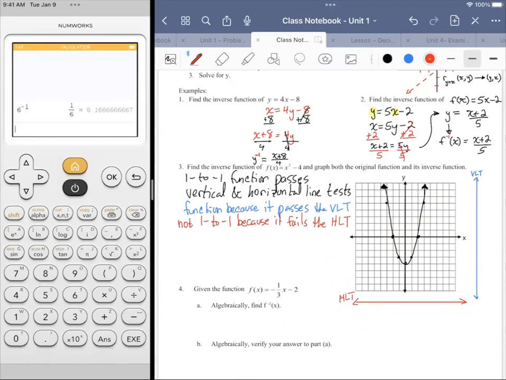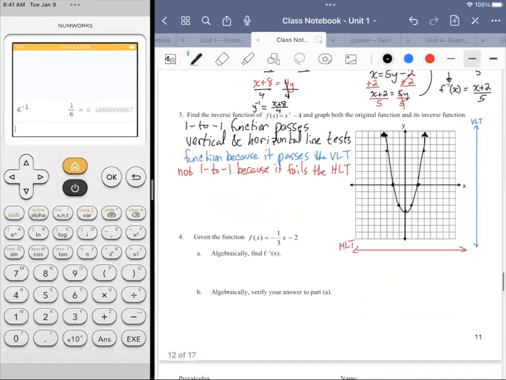All right, so it begs the question, can we find an inverse function? Well, we could find an inverse. It just may not necessarily be a function. So I'm going to follow the process that we did on the earlier problems. f of x is equal to x squared minus 4. I'm going to write that as y equals x squared minus 4.